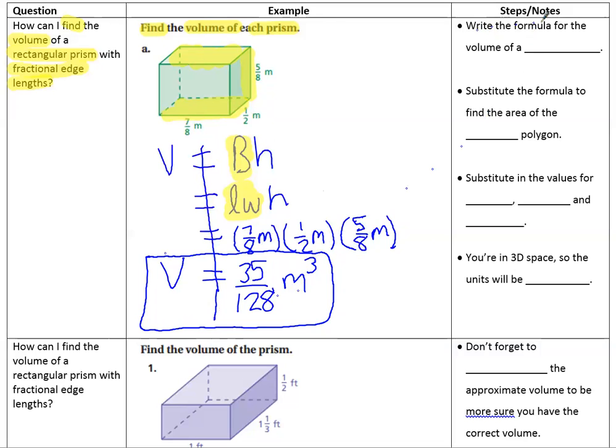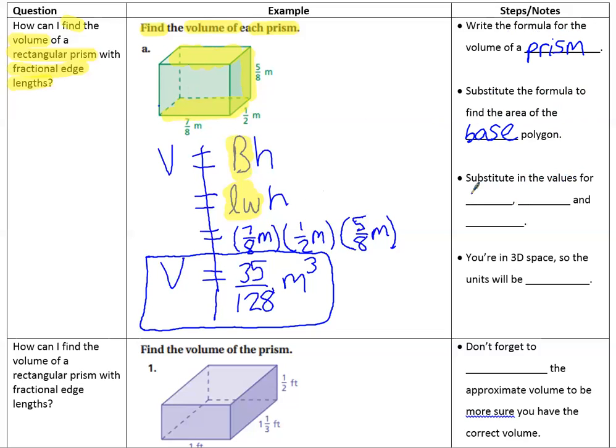So first we write the formula for the volume of a prism, which is always V equals capital B H. Substitute the formula to find the area of the base polygon. So if this was a triangle on the base, then we would have wanted to do length times width divided by 2. But since it's a rectangle, I'm just going to do length times width.